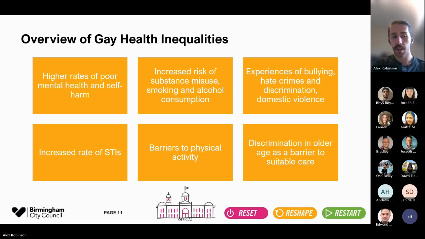In terms of screening and sexual health, 7,000 gay and bisexual and other men who have sex with men in 100,000 received a new STI diagnosis in 2021, and that was compared to 300 in 100,000 heterosexual men.